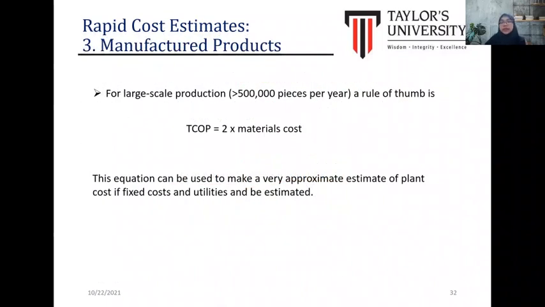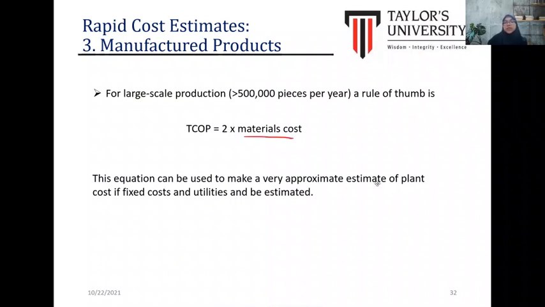Next is another process plant, such as one related to the manufacturing process, known as manufactured product. For large scale production, for example higher than 500,000 pieces per year, the rule of thumb is that the total capital cost is equal to 2 times the material cost.